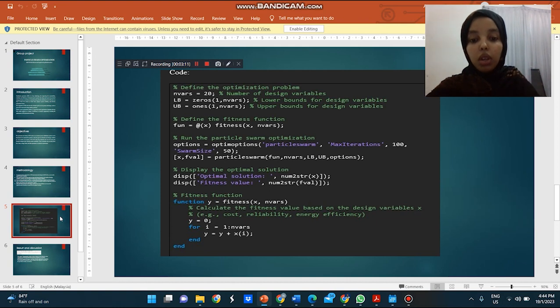This code defines a problem with 20 design variables and sets the lower and upper bounds. It then defines a fitness function that takes a set of design variables and the number of design variables as input and returns a fitness value. The fitness function calculates the sum of all the design variables and returns it as the fitness value.